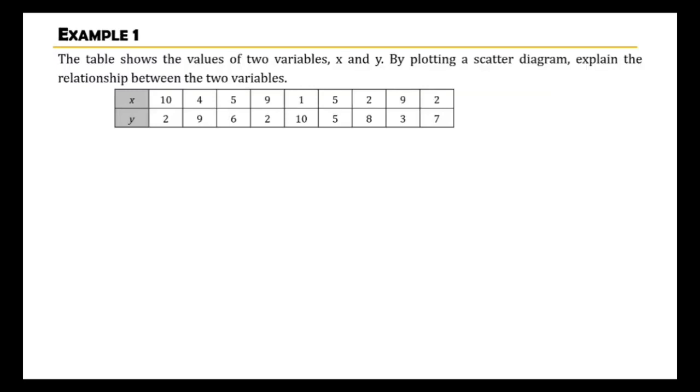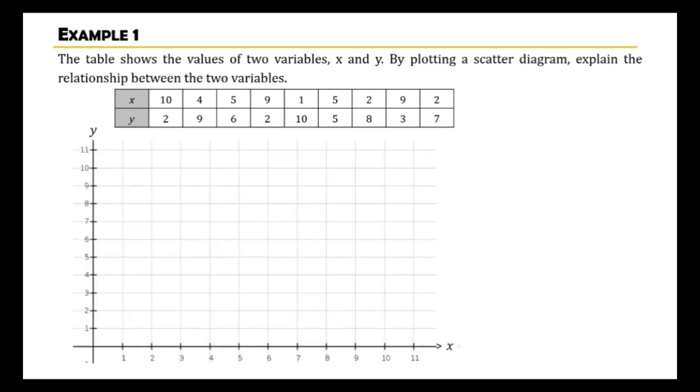Example 1. The table shows the value of two variables x and y. By plotting a scatter diagram, explain the relationship between the two variables. So we have x and y, and for the scatter diagram, we have x on the x-axis and y on the y-axis. Plot the data: when x equals 10, y equals 2.